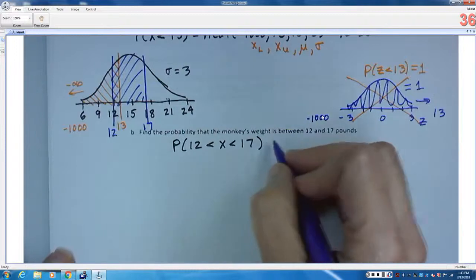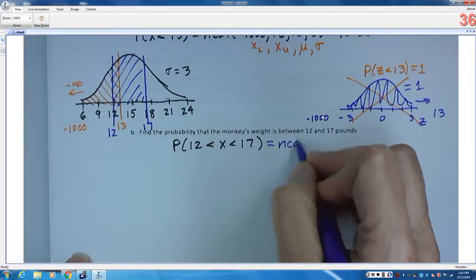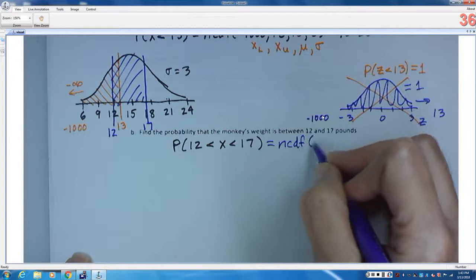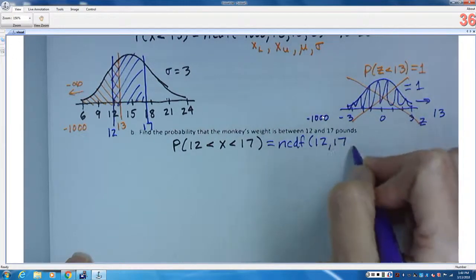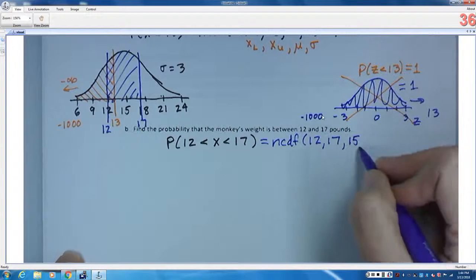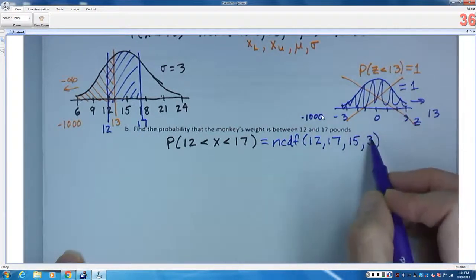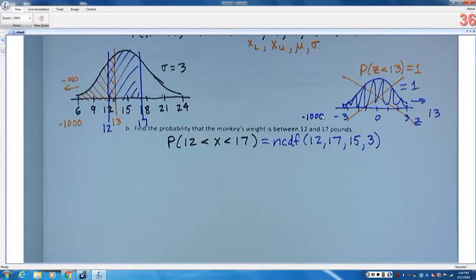So that's going to be normal CDF, 12, 17, but then don't forget to put in the mean of x and the standard deviation of x. If you forget those, you will get 0, because between 12 and 17 on the standard normal curve, you're way off to the right.